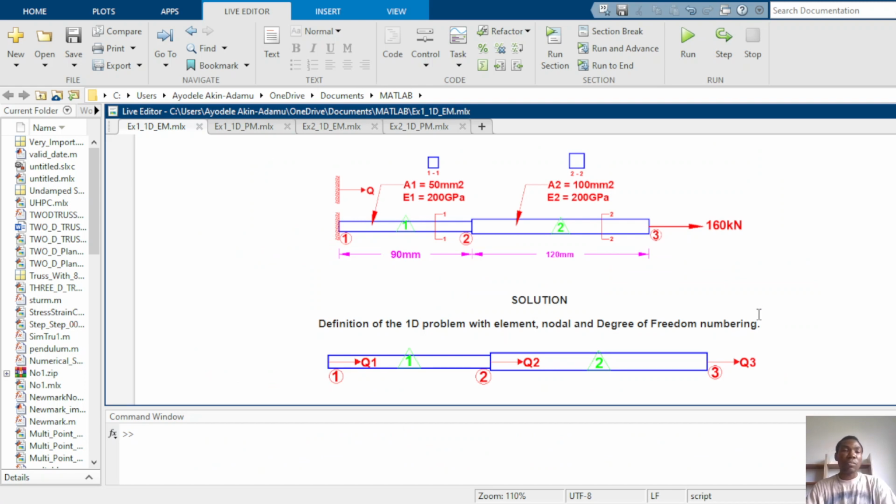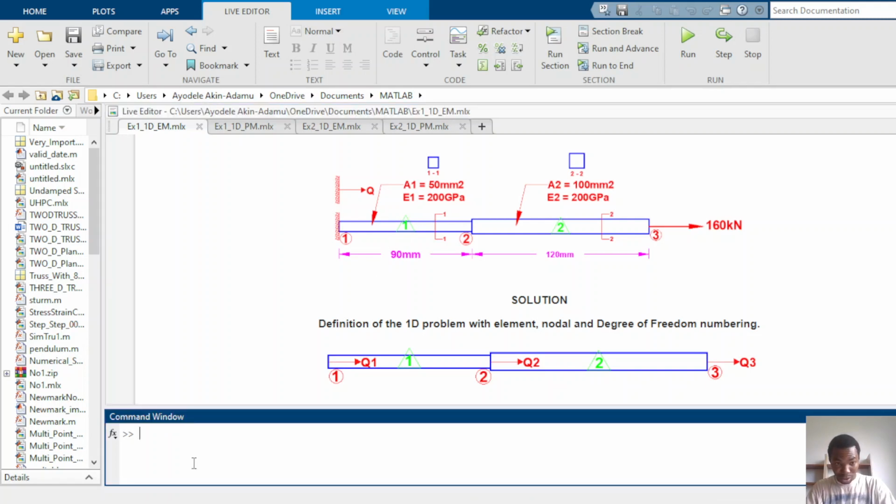Now we have moved to the MATLAB working environment. Before I start to explain the solution of this problem on MATLAB, I would like to inform you that all my MATLAB codes are written using MATLAB live scripts. I do not use the command window in solving problems in MATLAB.